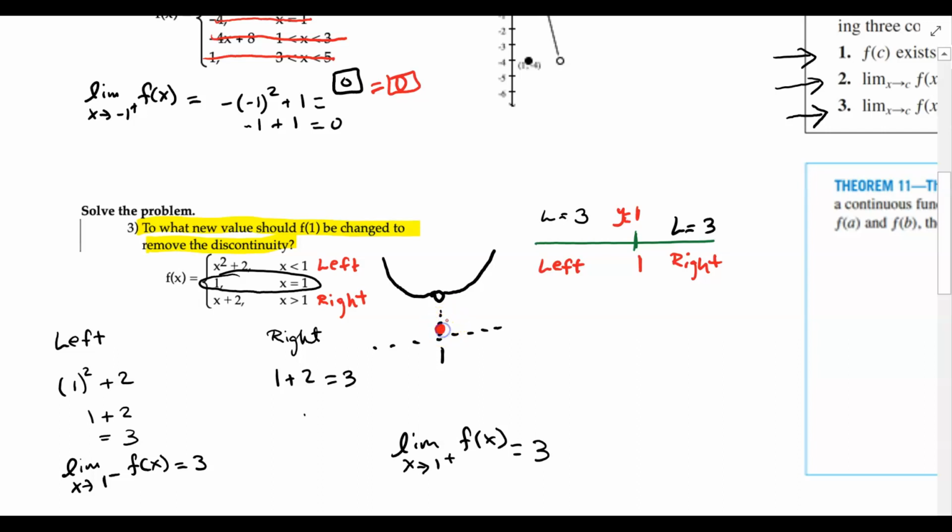It's got this little point down here at the bottom where it's actually defined. So we would need to shade in this circle, and that means that this is no longer needed, and we would have to change y to 3. So to what new value should f of 1 be changed? To 3. F of 1 would need to equal 3 to make the function continuous. That's what we're getting at here.